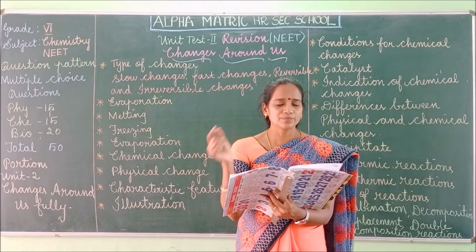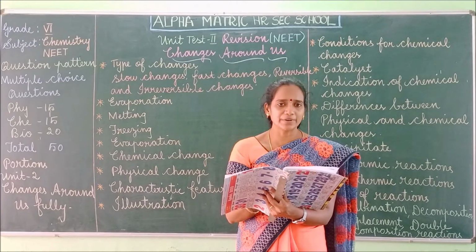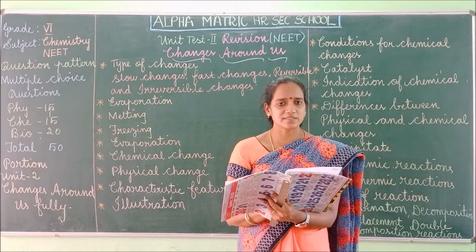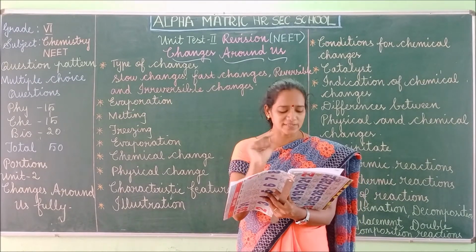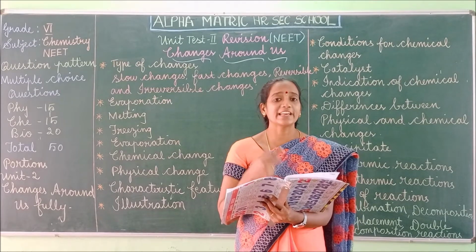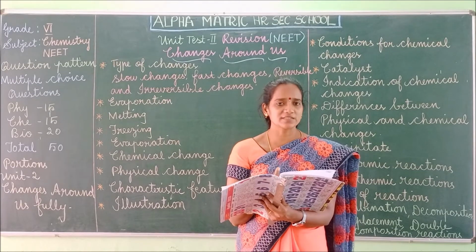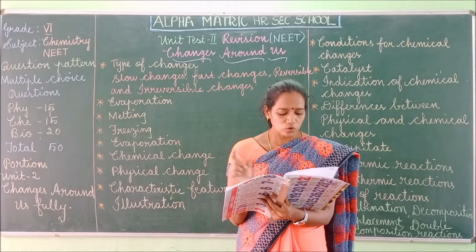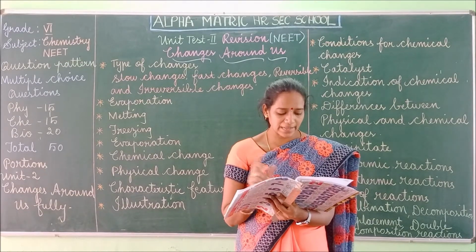Underline this word. Chemical change is a permanent and irreversible change. Okay, and also new substance is formed. These 3 points just underline it. And the change is permanent, it cannot be reversed. Substance cannot be brought back to its original position. Okay, so those things you just underline.